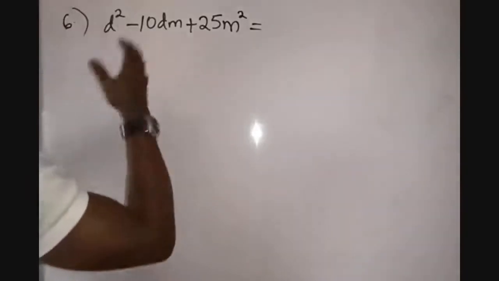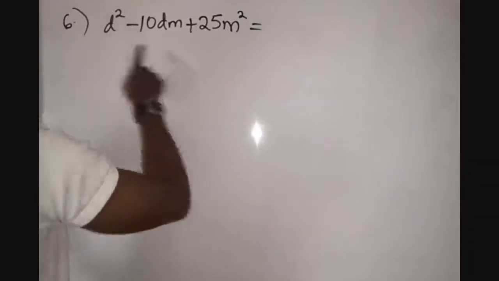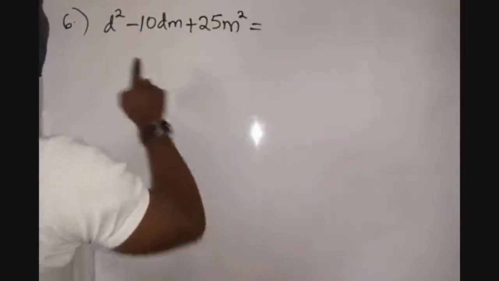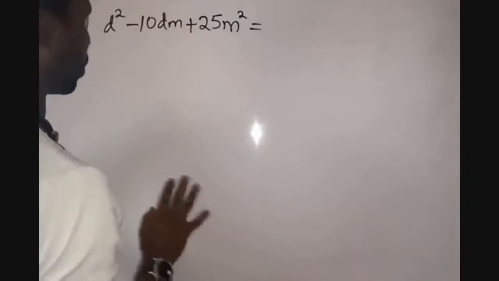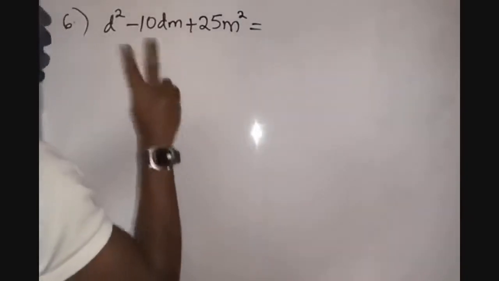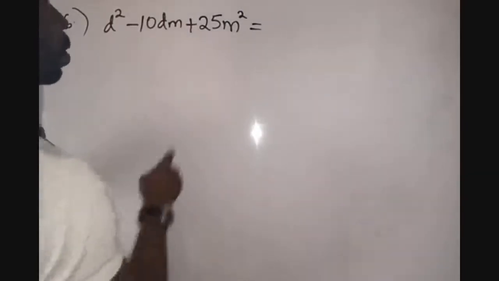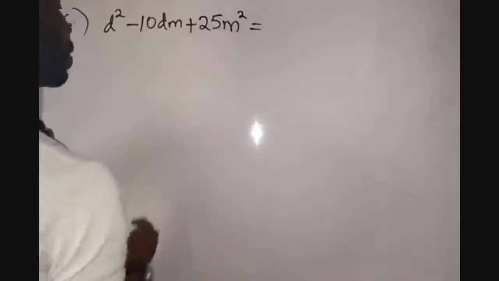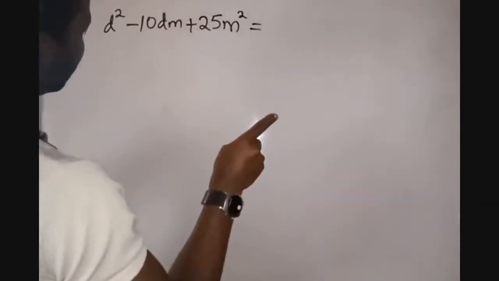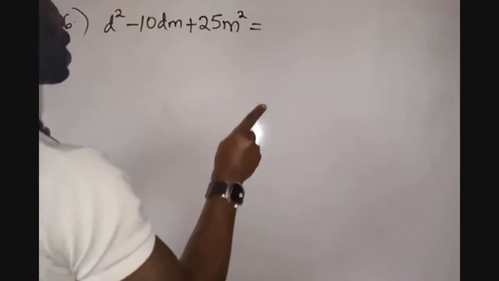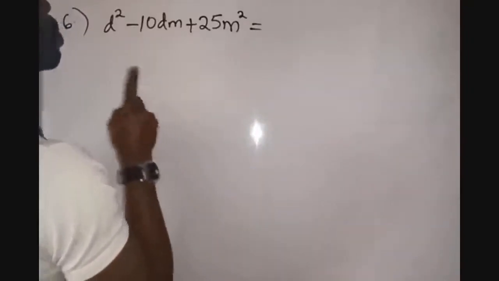So let's think. I need to multiply this 1 by this, and that will give me 25. The whole of this multiplied by this, so we have 25. Good. What are the 2 numbers I can multiply to get 25, that when I add, I'm going to get minus 10? For plus 25, I could say 5 times 5, plus 5 times plus 5, that will give me plus 25. And when I add up, I'm going to have plus 10.